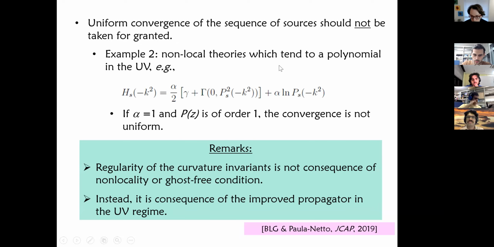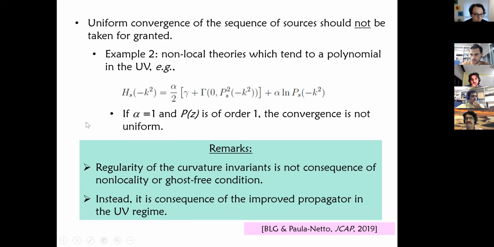For example, if you consider some theories which are defined by form factors that tend to polynomials in the UV, then it may not happen, and the convergence may not be uniform, so you cannot pass the limit. This happens, for example, for this function here.